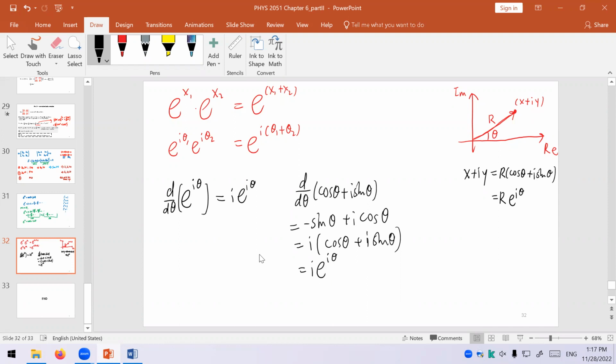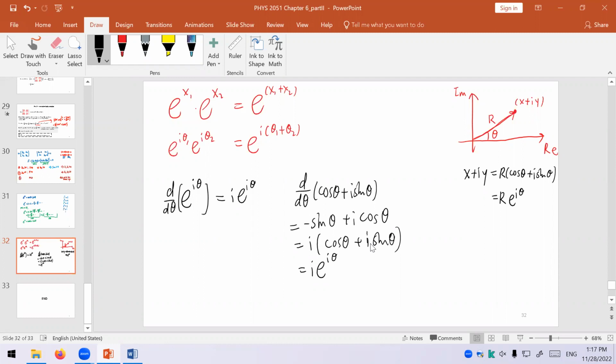And sometimes this property, e to the i theta equals cosine theta plus i sine theta, gives us convenience. If you take the derivative of cosine or sine, every time you need to change from cosine to sine, and then from sine back to cosine.